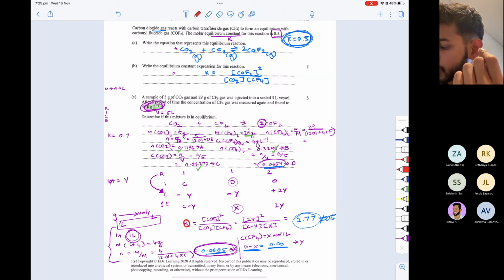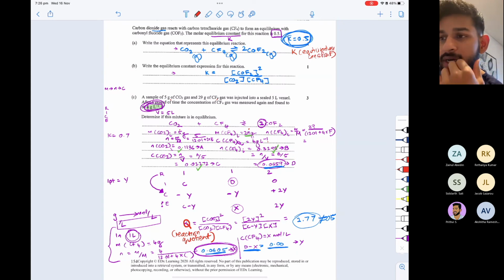We call it Q, or the reaction quotient. Okay, and that is different to K, which is the equilibrium constant.